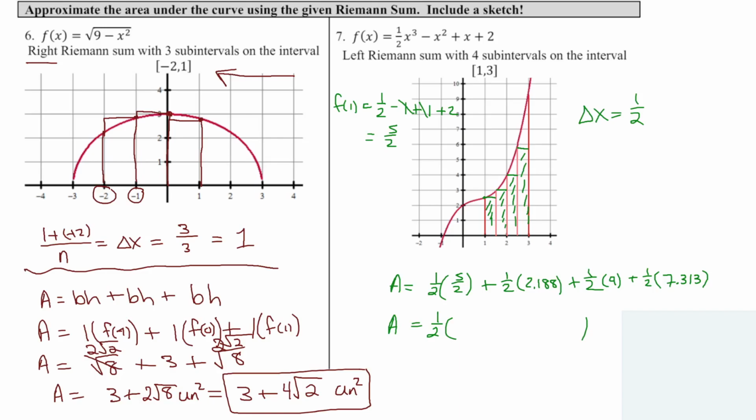Half of 4 is 2. Oh no. Alright, so the half of 4 is 2, and then you get 1/2 times... Oh no, I'm not supposed to be chopping these in half. No, I'm supposed to chop these in half at the end. Forgive me. That stays 4. And the last guy stays 7.313.